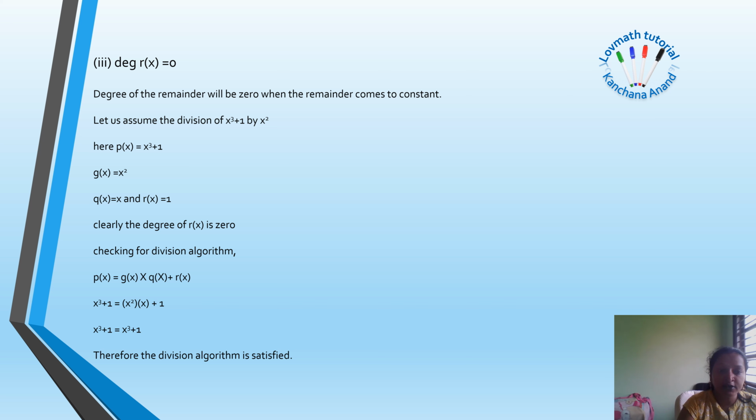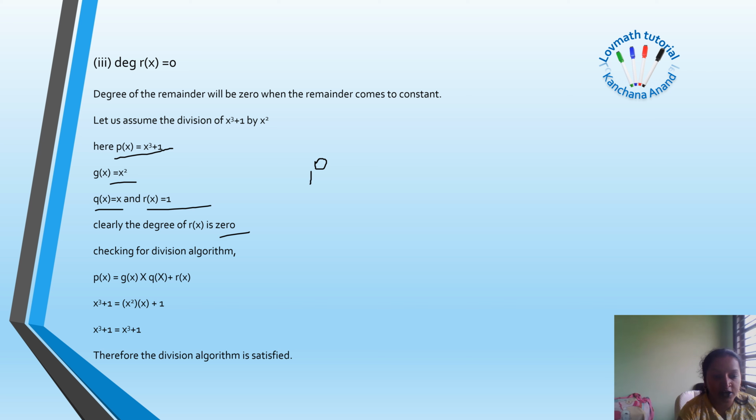Let us assume the division of x cube plus 1 by x square. Here p of x is x cube plus 1 and g of x is x square. When we divide x cube plus 1 by x square, the quotient is x and the remainder is 1. Clearly the degree of the remainder, that is r of x, is 0.